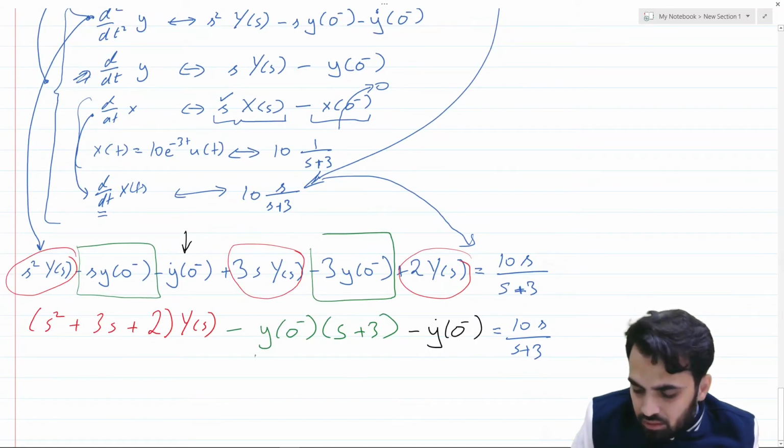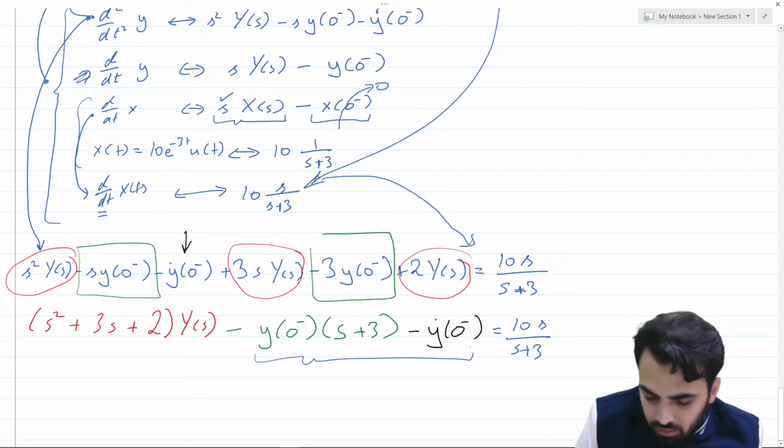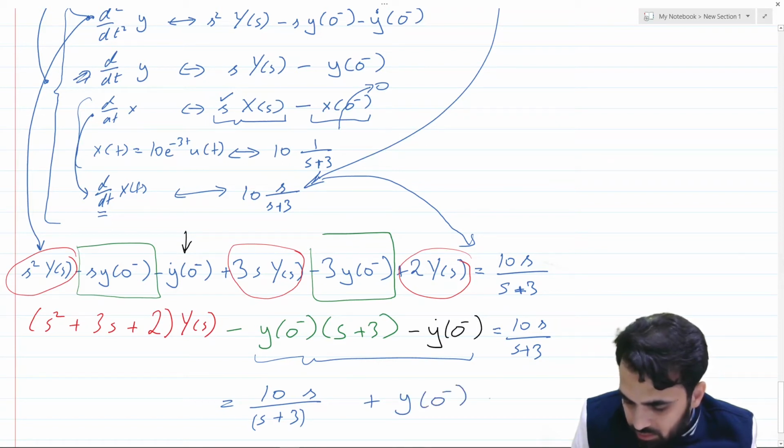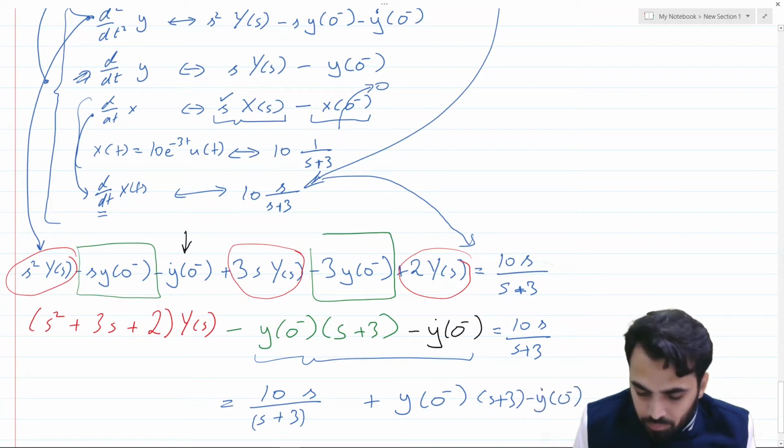So let us bring these two towards the right side, so we would have 10s over s plus 3 plus y of 0 minus times s plus 3 minus y of 0 minus the first derivative.